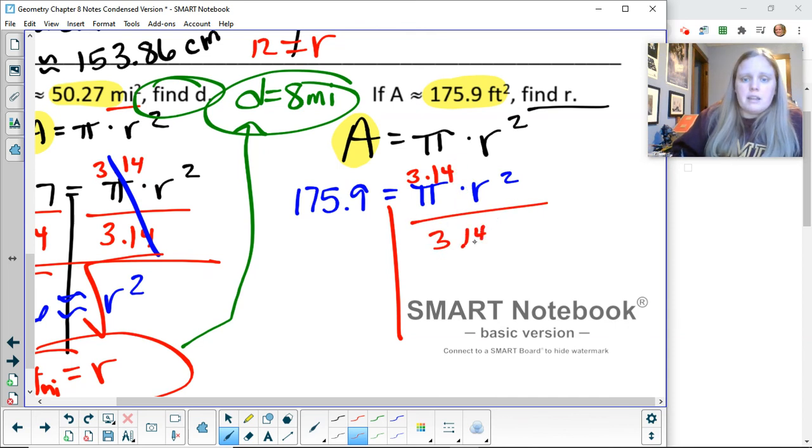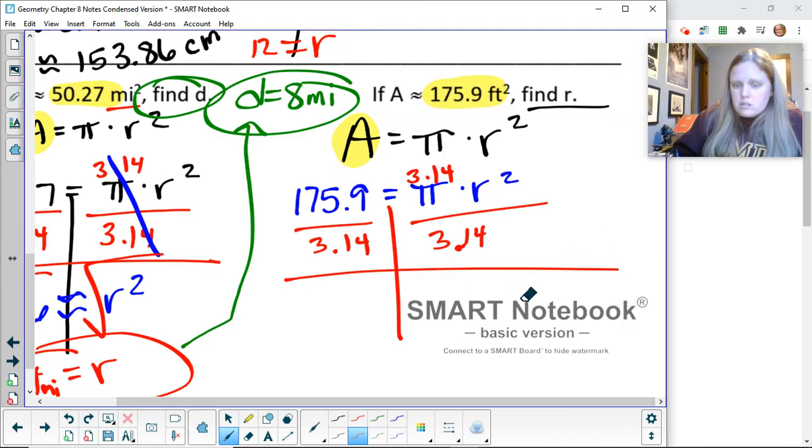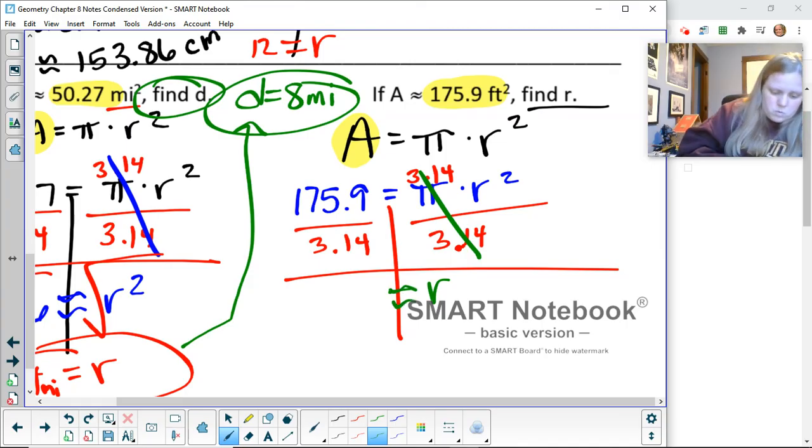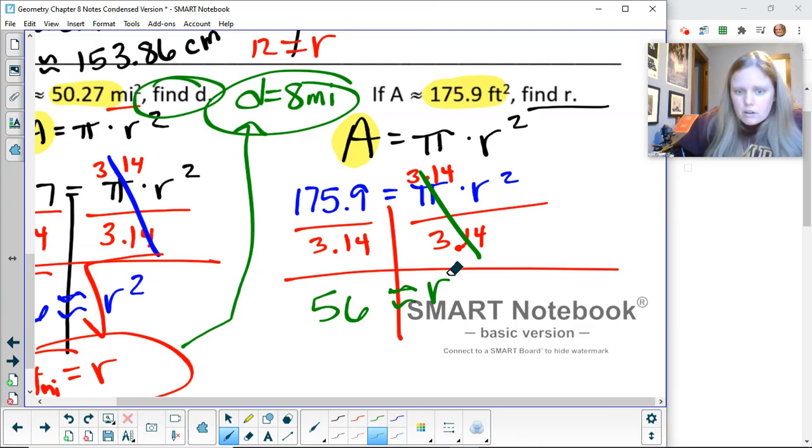Opposite of multiply is to divide. R is approximately, I guess, 175.9 divided by 3.14. That comes out to be 56-ish. And then, oops, that's not r, that's r squared, because I still got that 2 there.